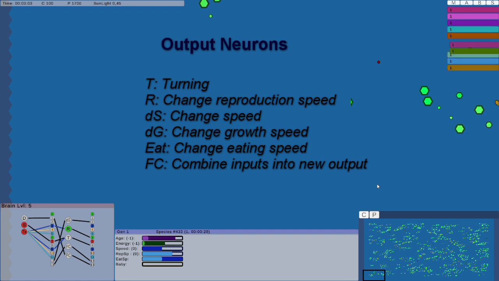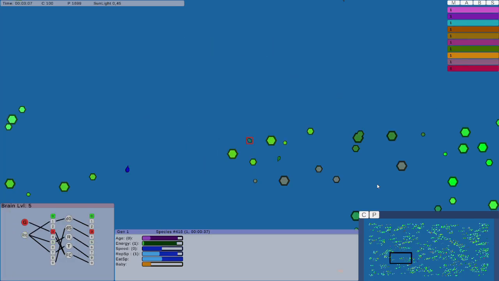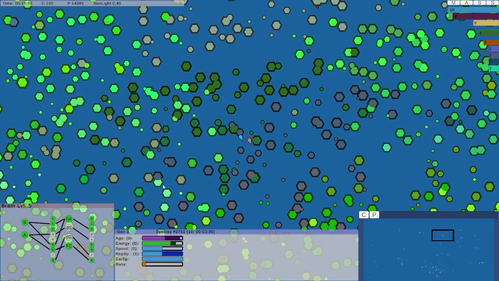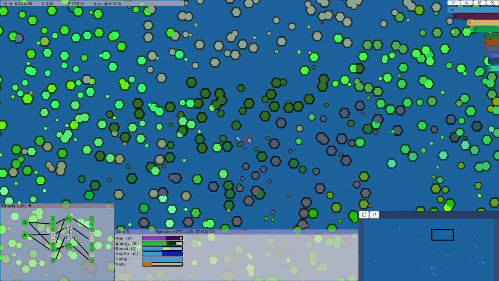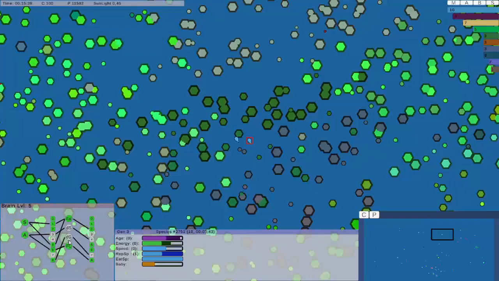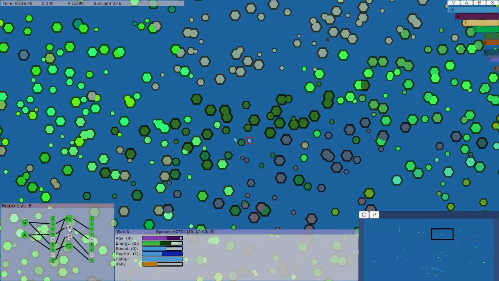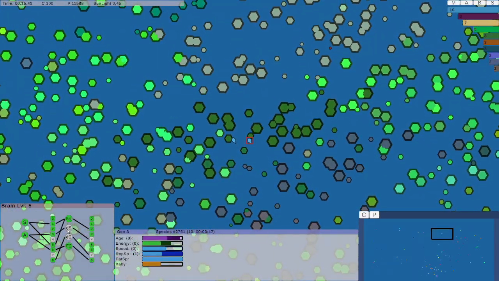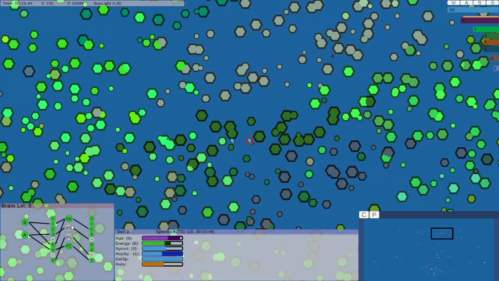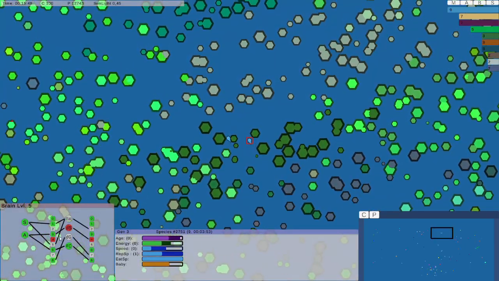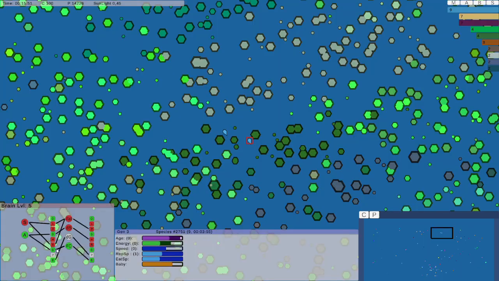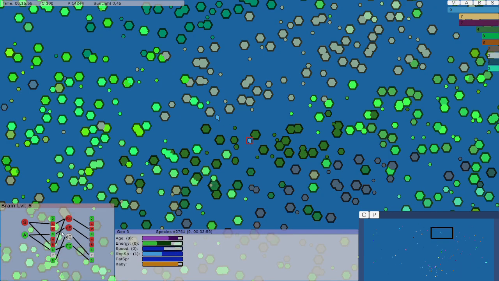At first, they don't do much, but if we give them some time, some interesting species start to appear. A good example here that arrived around the 15-minute mark, we have a species whose age is linked to the change of speed, so when they are very young they accelerate and reach their max speed and then stay at that max speed for most of their lives, and when they get old they slow down and basically let themselves die.